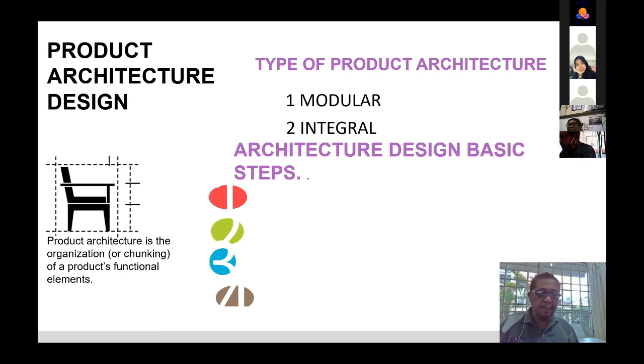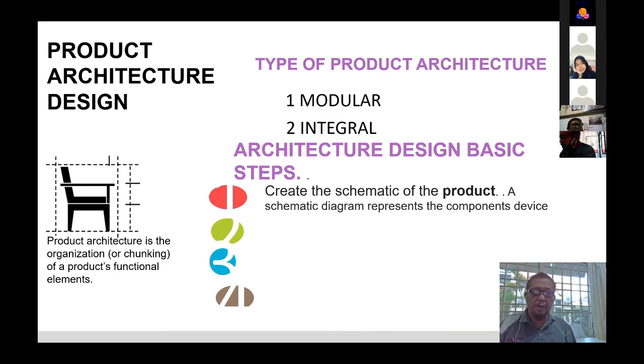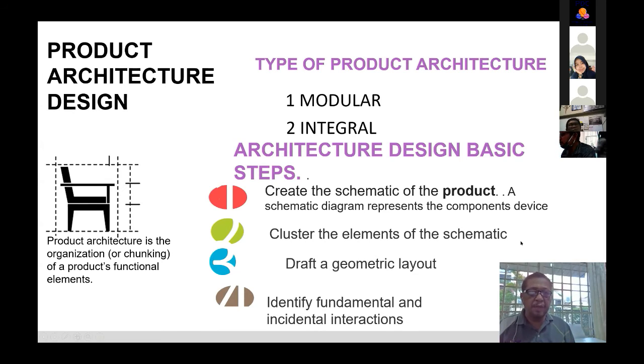Product architecture design basically has four steps. The first step is to create the schematic of the product, drawing a schematic diagram of all the components of the device. Secondly, we segregate the elements of the schematic, or the components of the device, into several groups, and start drawing them in a geometric layout.